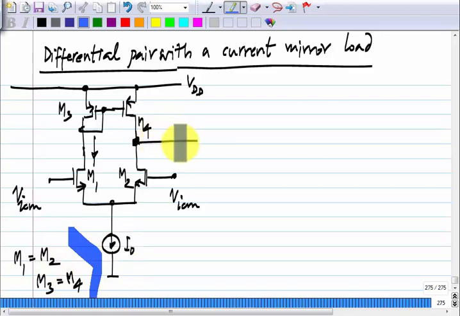What will be the voltage here? Imagine that M1 and M2 are exactly matched. That means that for identical operating points they will have the same GM and GDS and so on, and similarly M3 and M4 will have the same GM and GDS and all this.